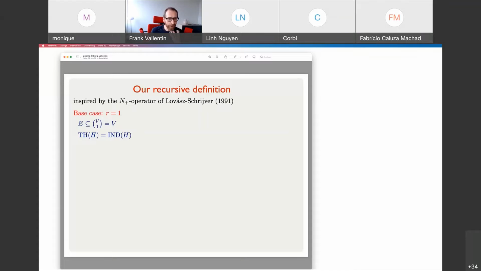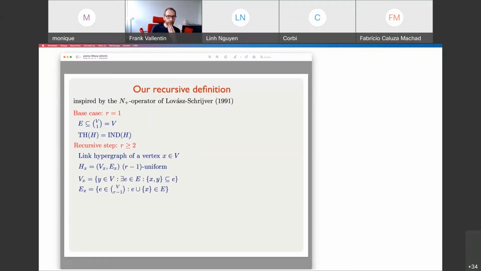In this situation, we simply set the theta body of H equal to the independent set polytope of H. The independent set polytope, which is defined for graphs, you can also define for arbitrary hypergraphs in a similar way, just by taking the convex hull of characteristic functions of independent sets. You can do this even for the case r equal to 1, which is a bit degenerate, but still it works. So that's the base case.